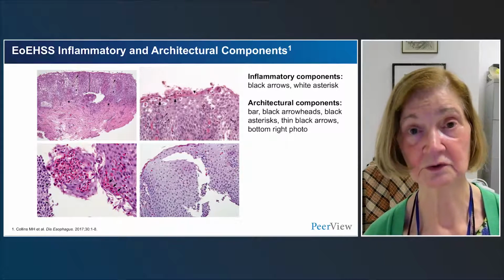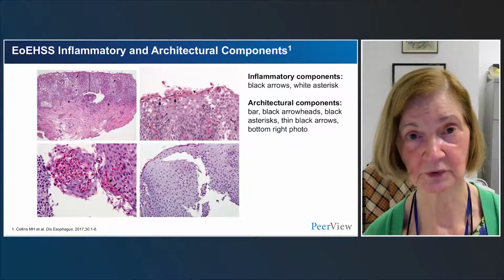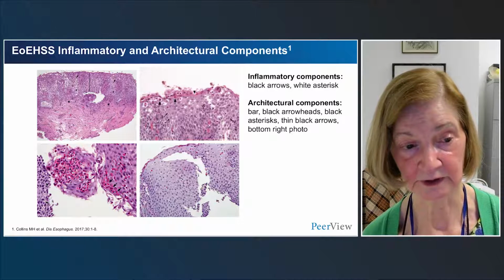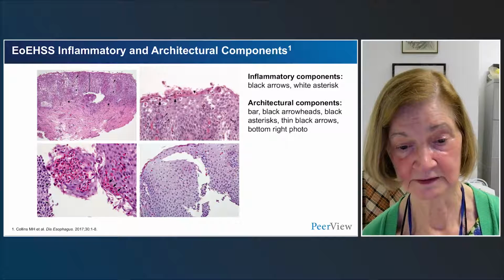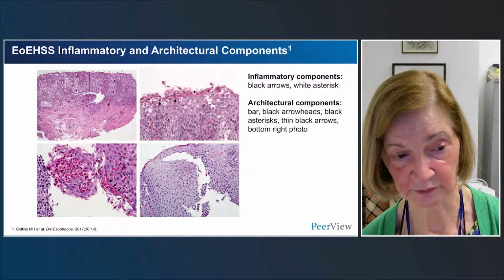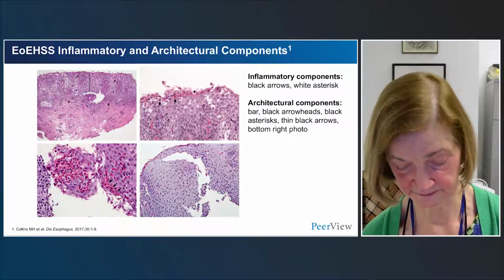The architectural or structural changes are comprised of basal zone hyperplasia, dilated intercellular spaces, and dyskeratotic epithelial cells, along with lamina propria fibrosis.